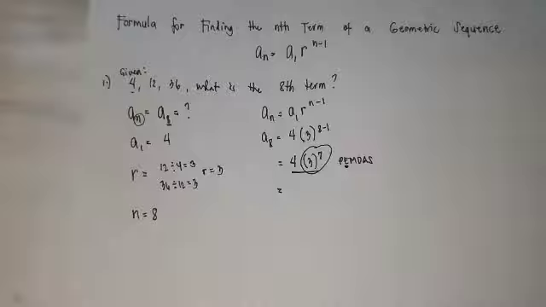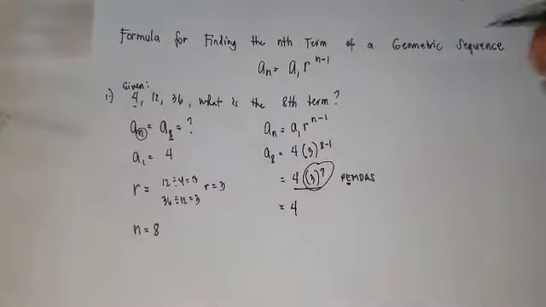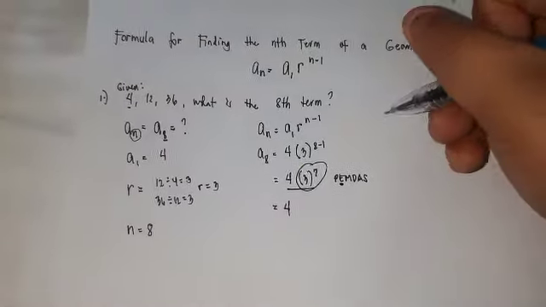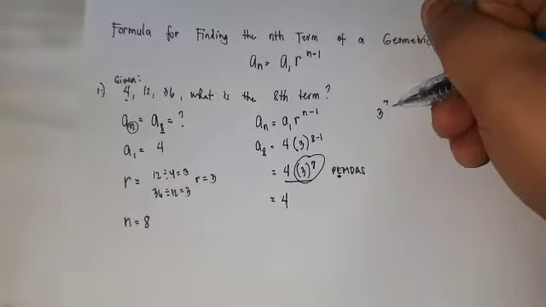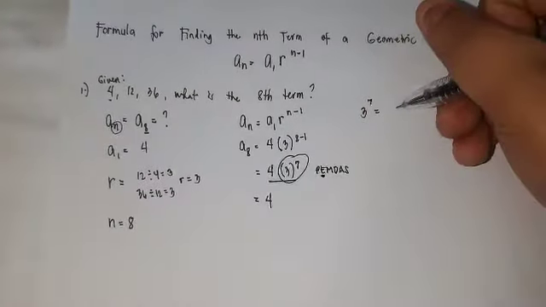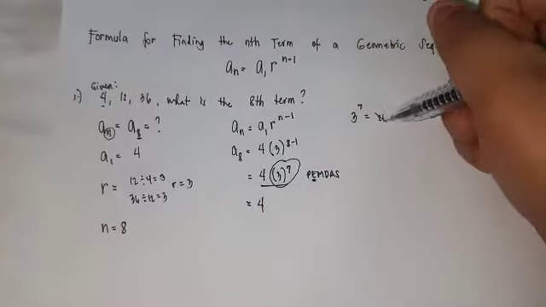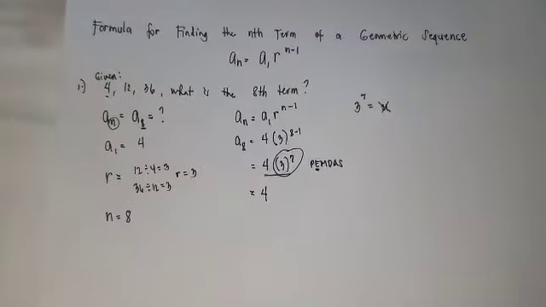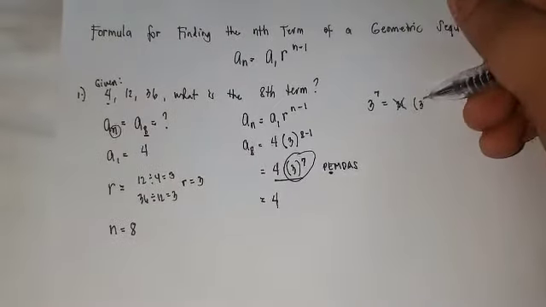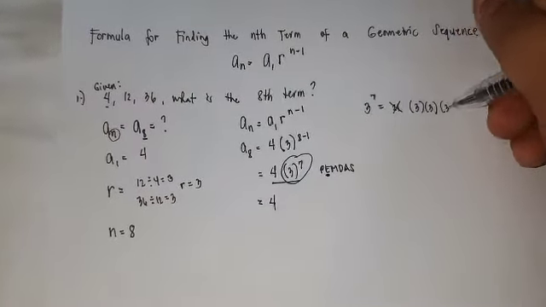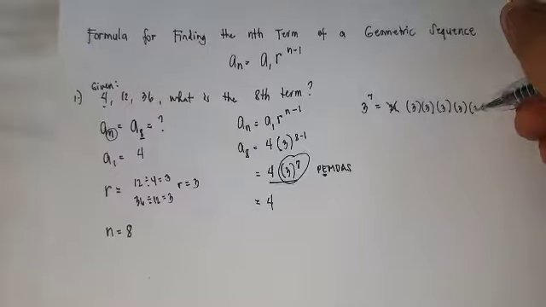What will be the answer? Seven times? What does 3 raised to 7 mean? Some of you may answer 21, which is just 3 times 7. That's wrong. The meaning of 3 raised to 7 is 3 multiplied by itself, 7 times.